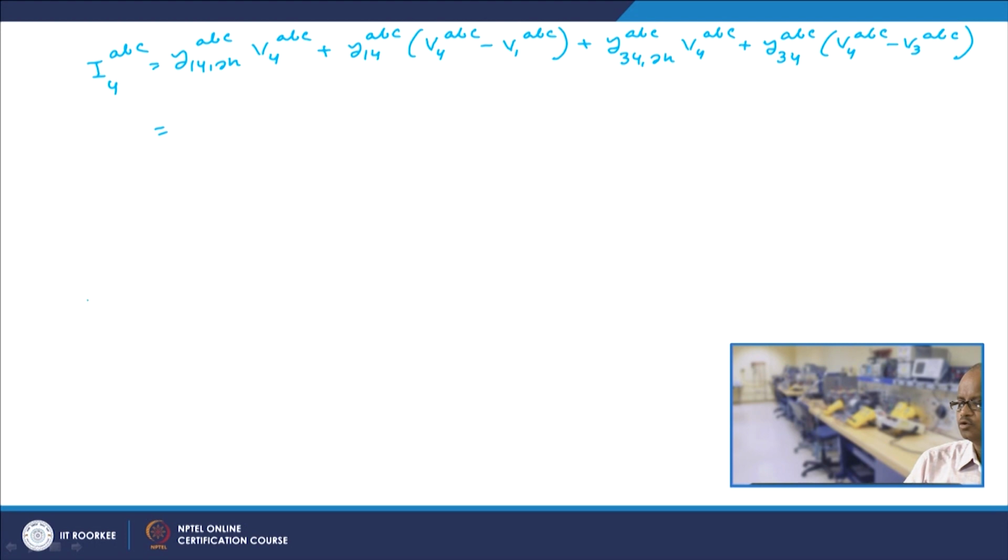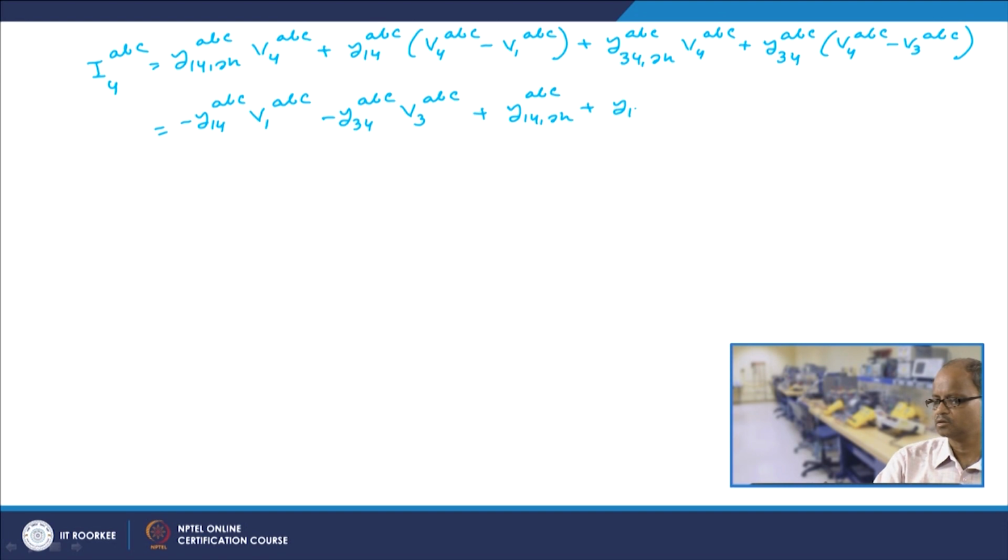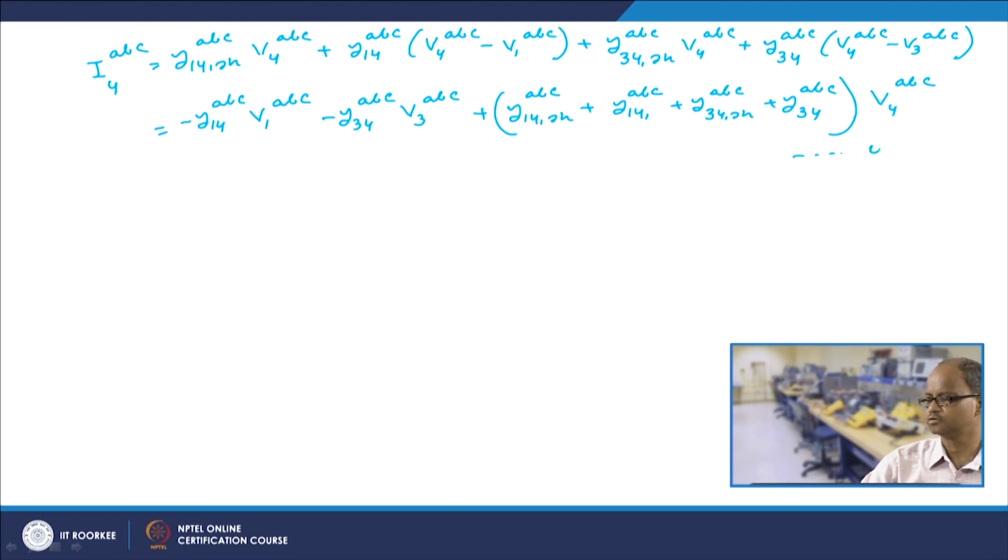So if I take them together, I get minus Y14 ABC V1 ABC minus Y34 ABC into V3 ABC and plus Y14 shunt ABC plus Y14 ABC plus Y34 shunt ABC plus Y34 ABC into V4 ABC. So this is equation 4.